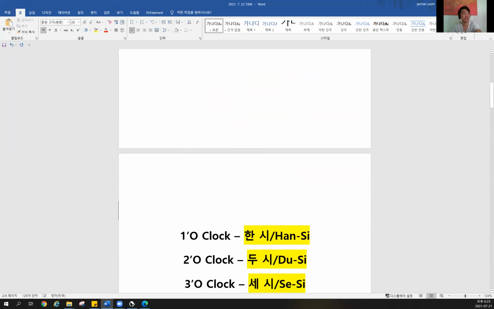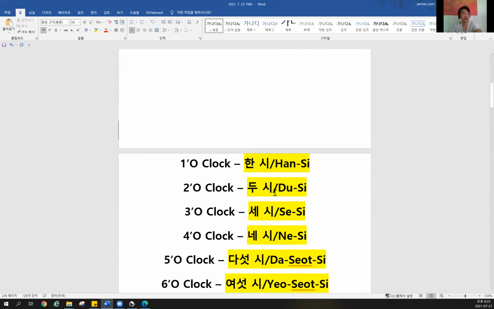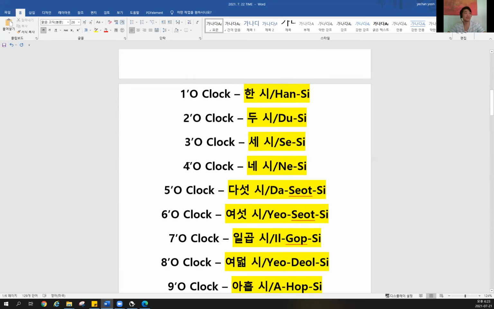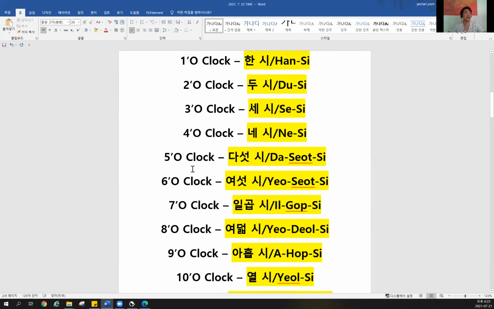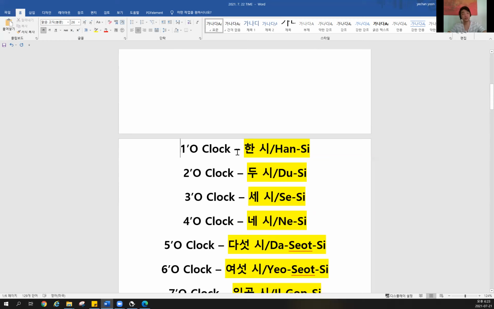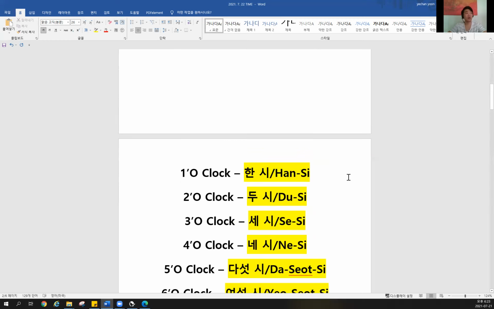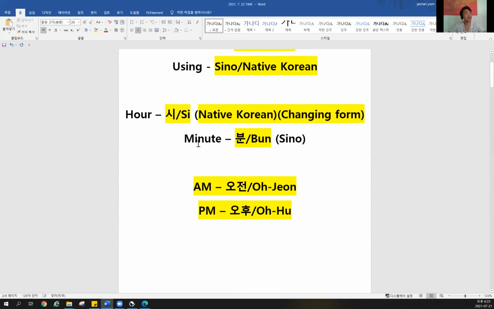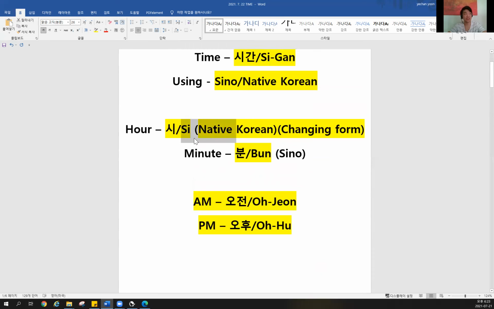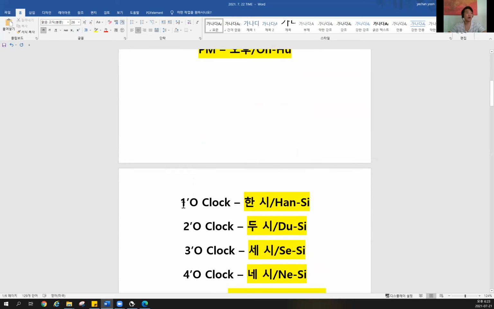Then how can we say 1 o'clock, 2 o'clock, 3 o'clock, 4 o'clock until 12 o'clock? I told you, with the hour, what do we have to use? Native Korean, yes, with the changing form. Then how can we write 1 o'clock? We can also write it with 1시, of course.